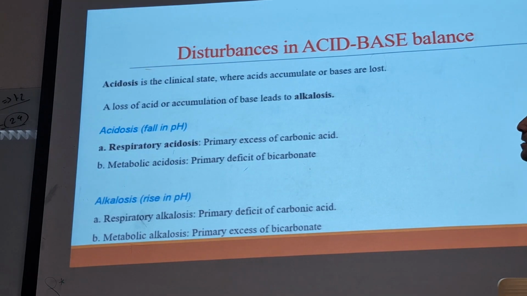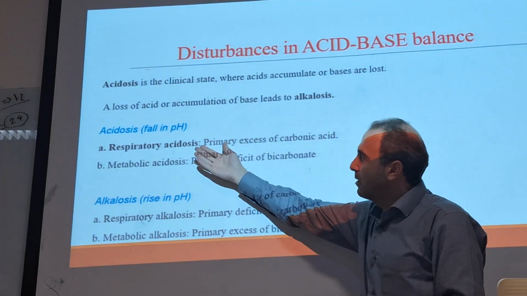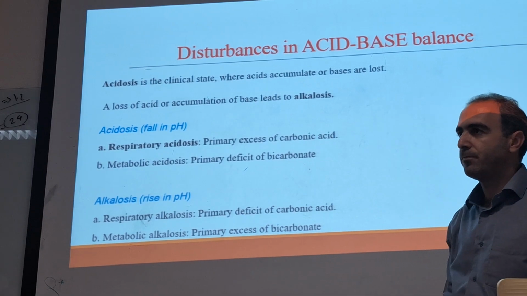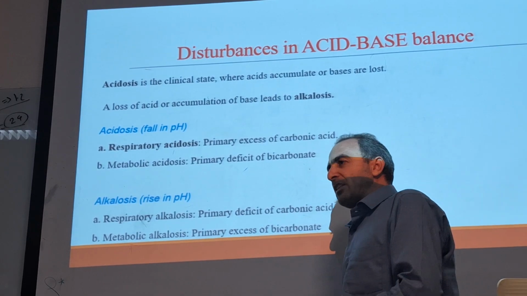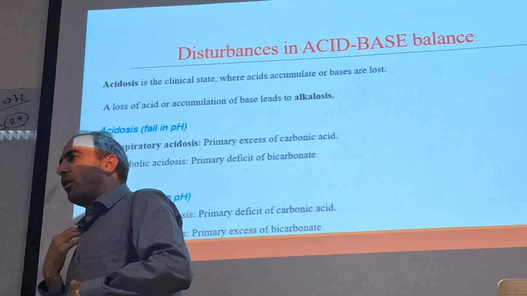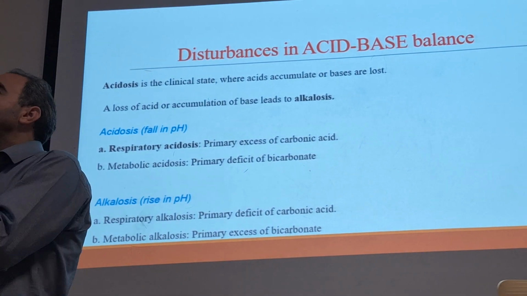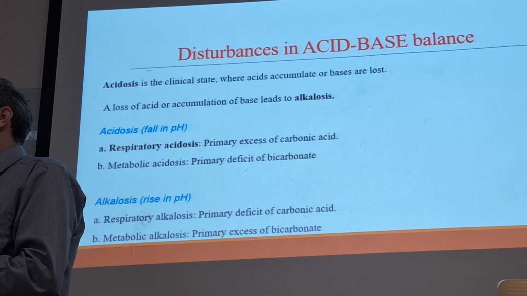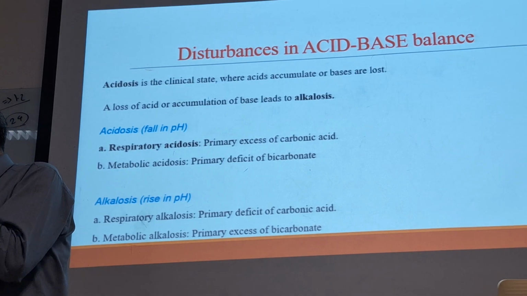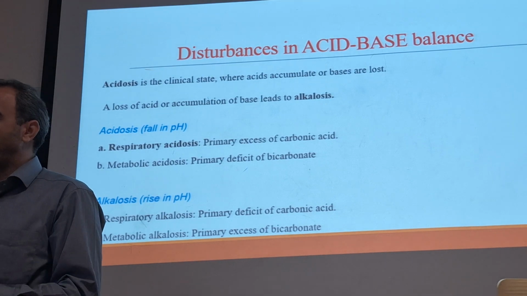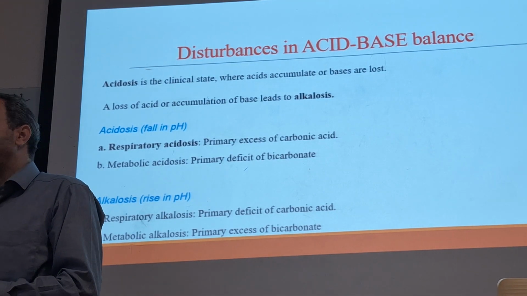The disturbances of acid-base are known as acidosis, falling pH, and alkalosis, rising pH. Because as you learned, we have two parts, kidney and lung. We have two kinds of acidosis and alkalosis, respiratory or metabolic, which we also call non-respiratory.